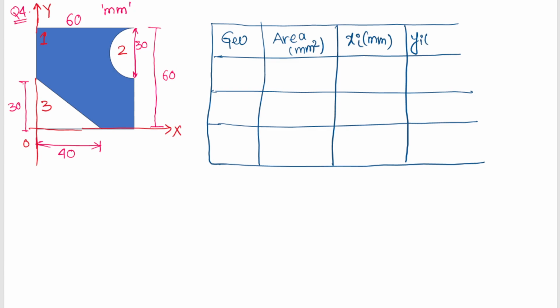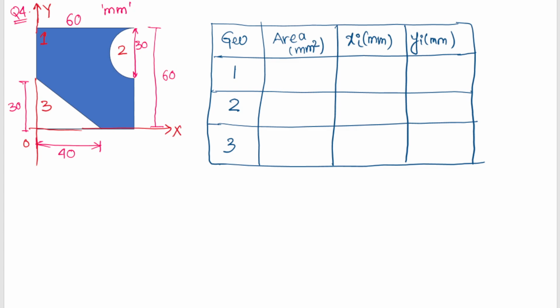Remember, we need to find both xi and yi, because the entire geometry is not symmetric about any axis, either x or y. So we have geometries 1, 2, 3.